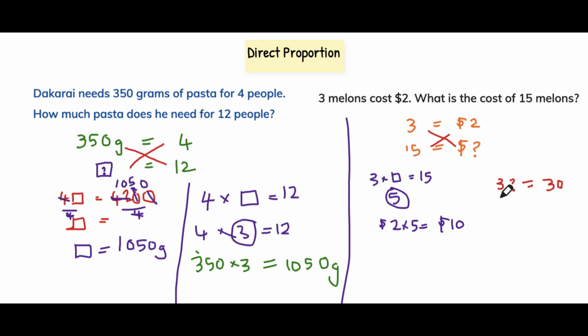Then we're gonna divide both sides by 3 because we want to remove the 3 to find the unknown. Unknown being 10. That's the $10. So 15 melons will cost $10. 3 melons cost $2. Alright?